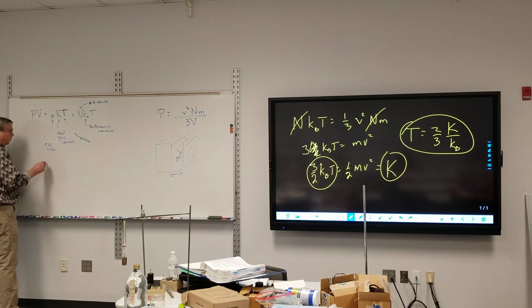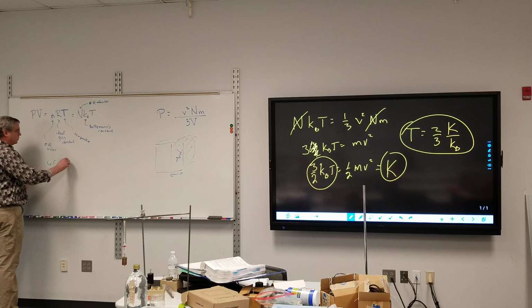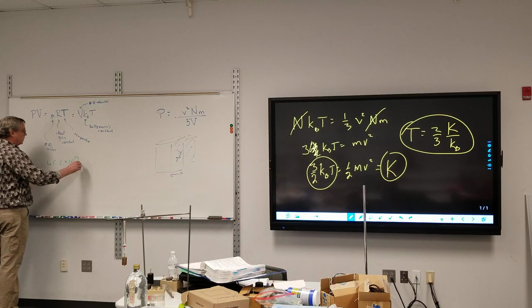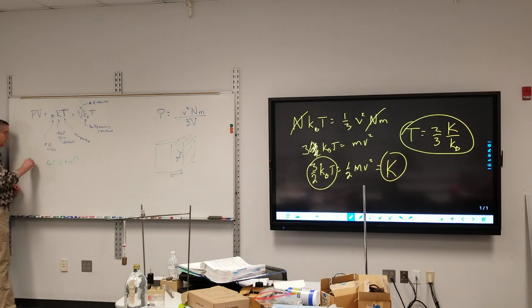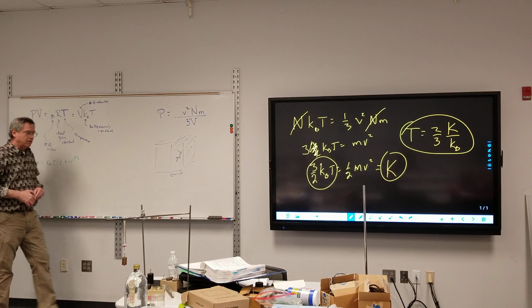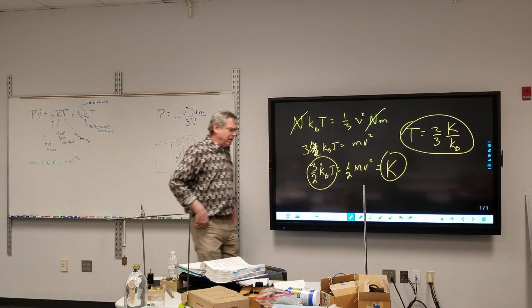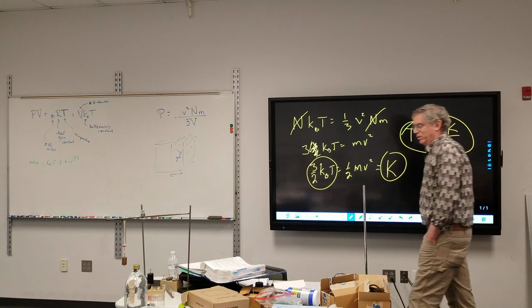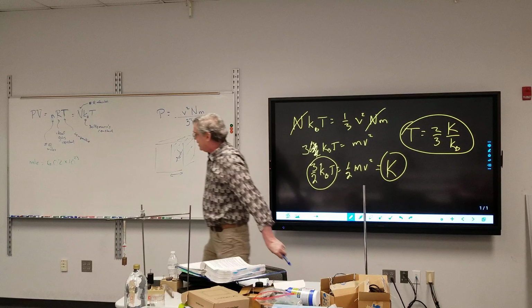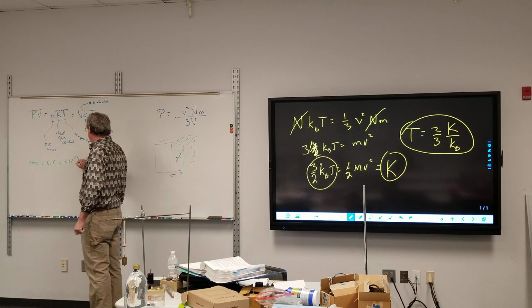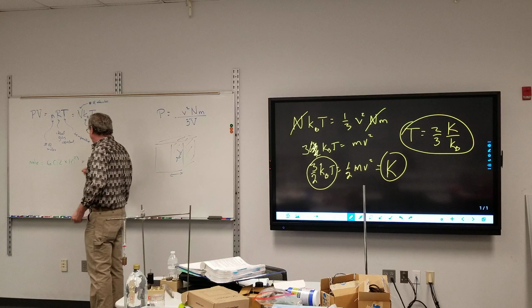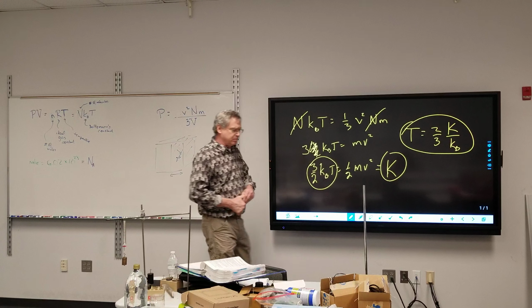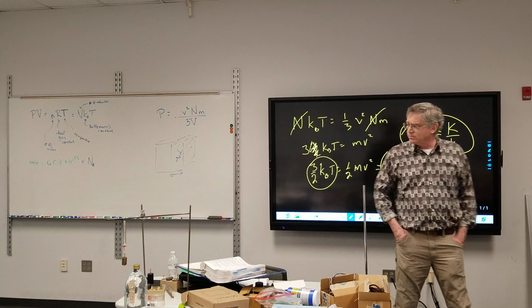A mole is 6.022 times 10 to the 23rd. That is Avogadro's number. How he came up with it, I don't know, but he did, and it seems to be somewhat of a standard. It's often labeled as N sub A, sometimes referred to as Avogadro's number.